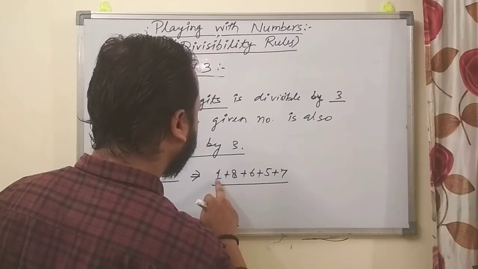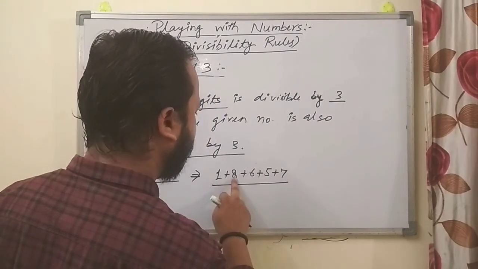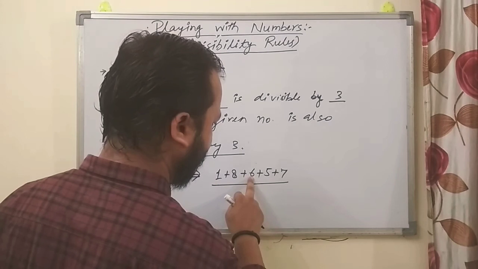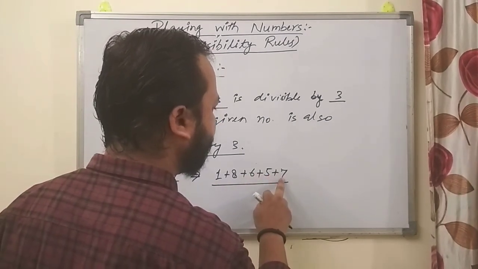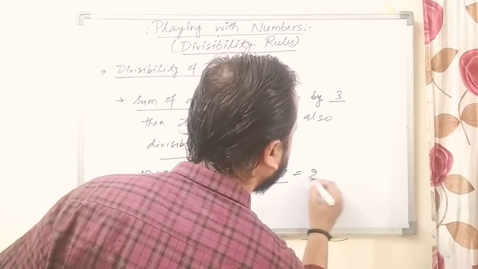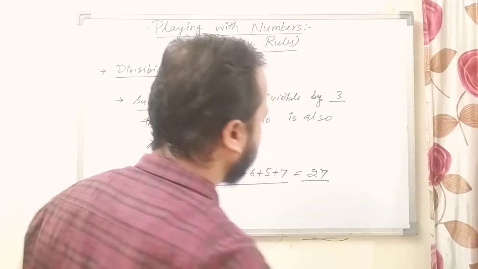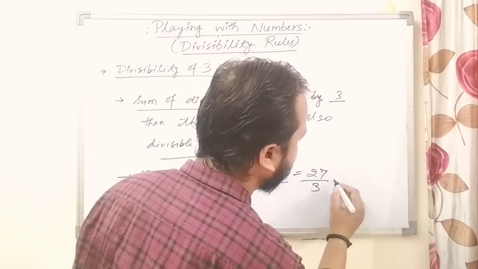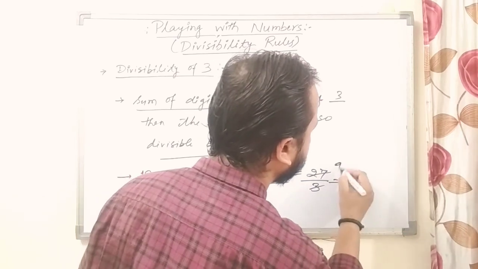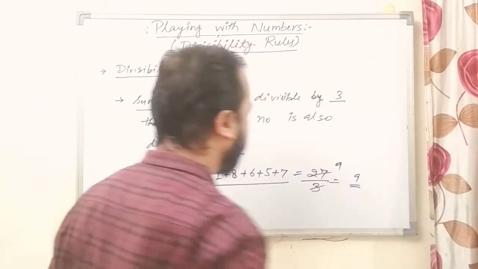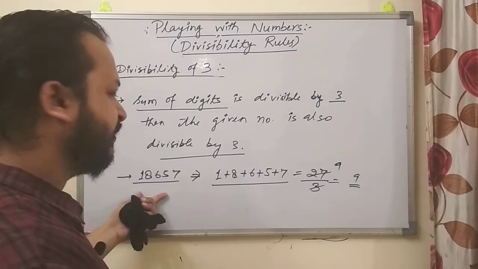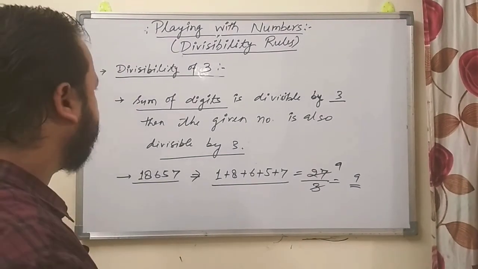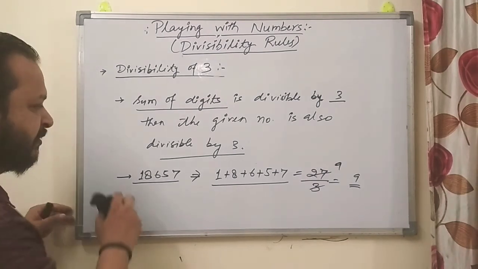So 1 plus 8 is 9, 9 plus 6 is 15, 15 plus 5 is 20, and 20 plus 7 is 27, and this 27 is divisible by 3. It means this number is also divisible by 3. So this is the rule for divisibility of 3.